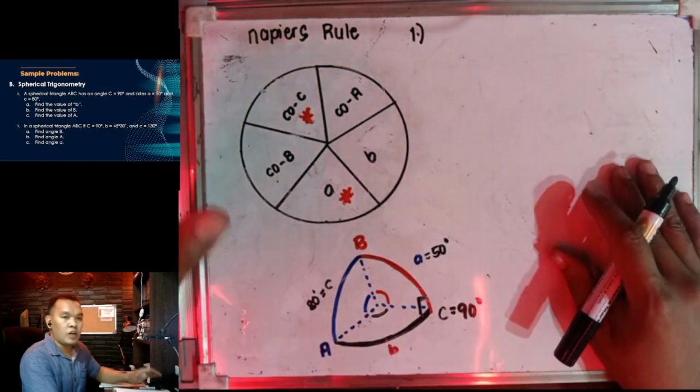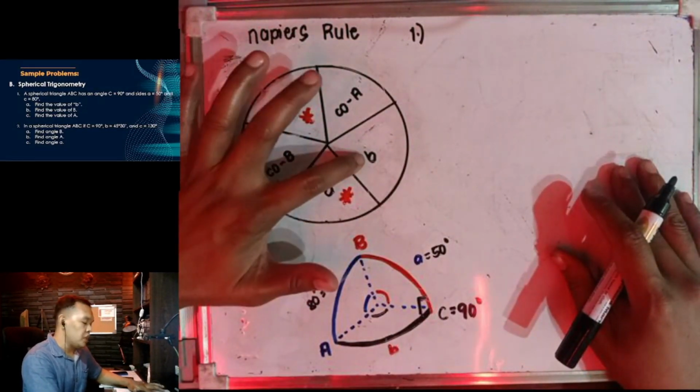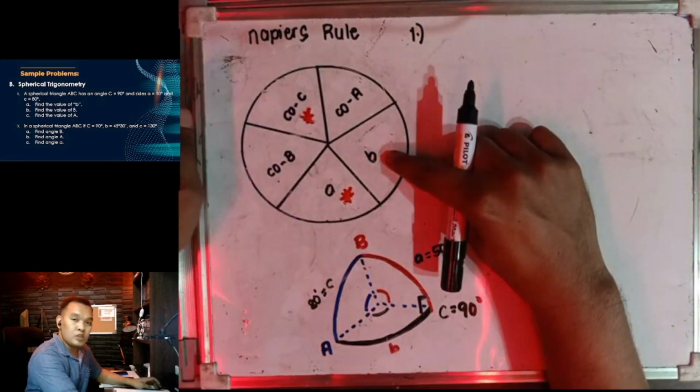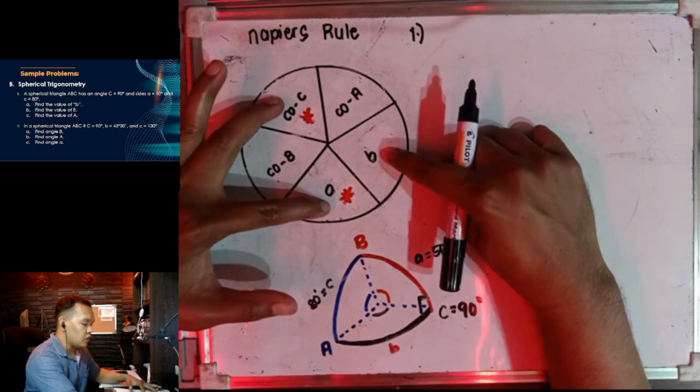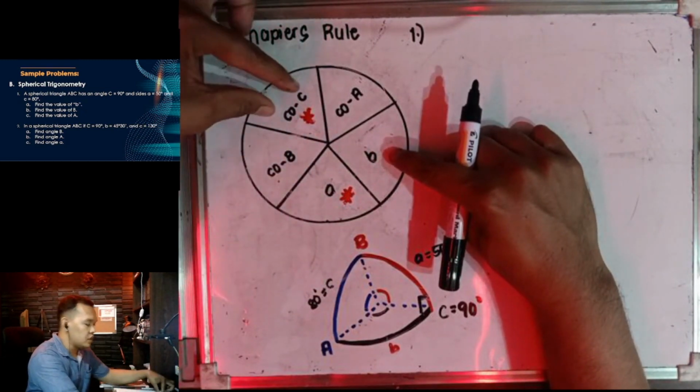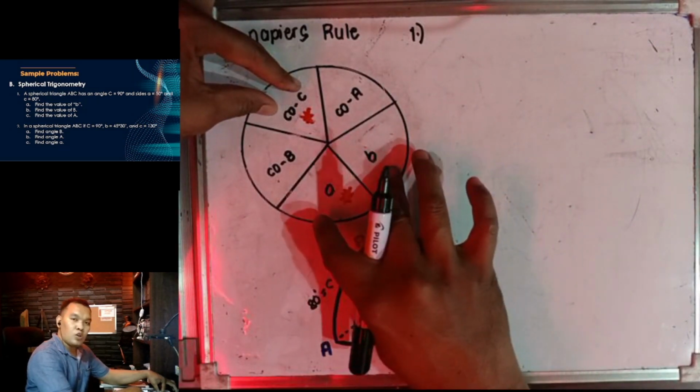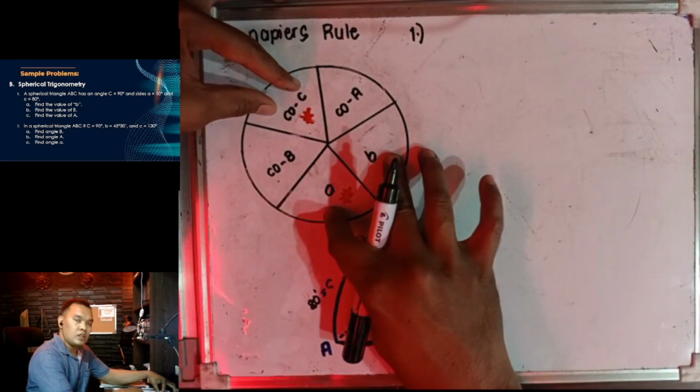So, sabi daw, hanapin daw yung value ng small b. Kung b ang pinapahanap at meron akong A, pwede kong gamitin itong tatlong to, no? Kapag nag-sine ako ng C, sine of C is equivalent kay cosine ng opposite na tong dalawa. Okay?